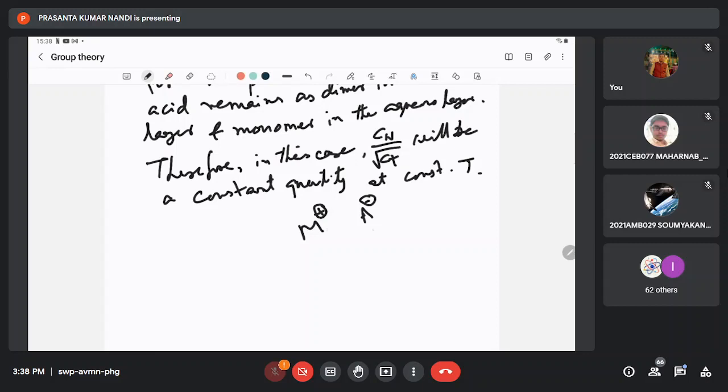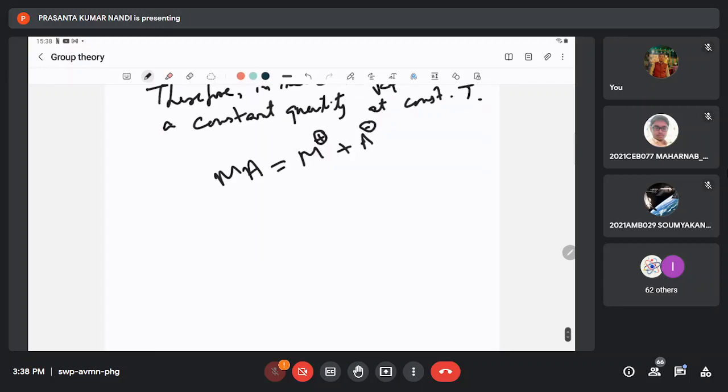Suppose these are ionized ions. Now the solvent has a significant role in ionizing these. What is that role? Oppositely charged ions interact by a force of attraction.